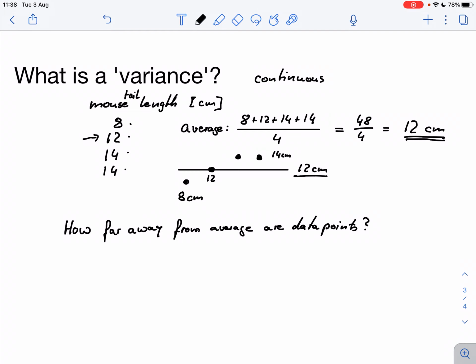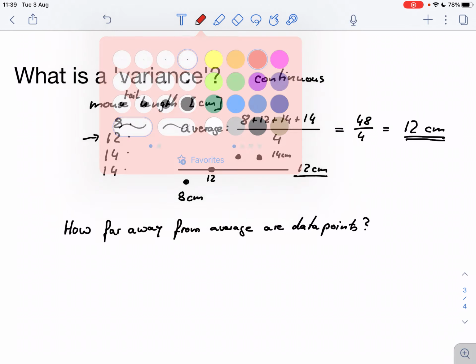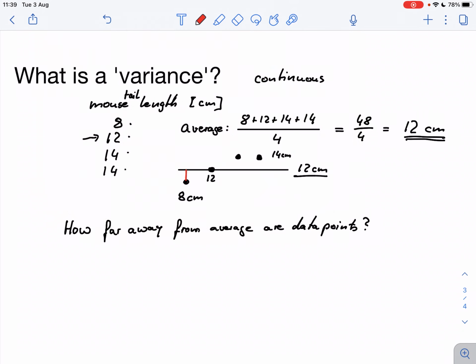So what we do is we just simply, and I indicate that with a different color, say, okay, the first one here, that would be 2 centimeters away. Sorry, that is 4 centimeters away. This one here, 12, that's not away from the average at all, that's bang on.